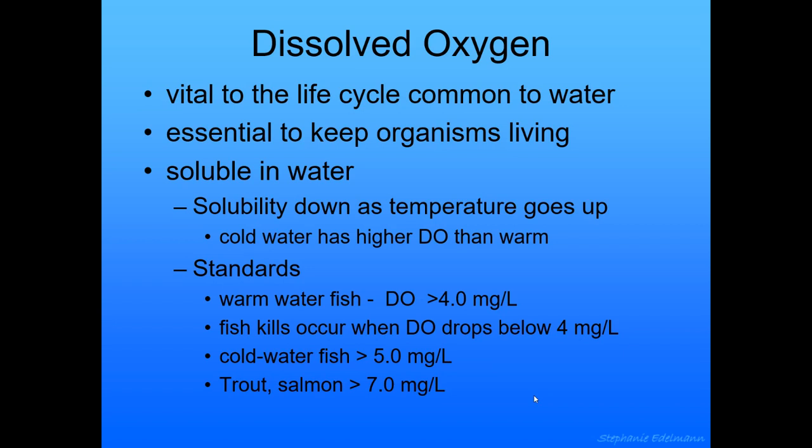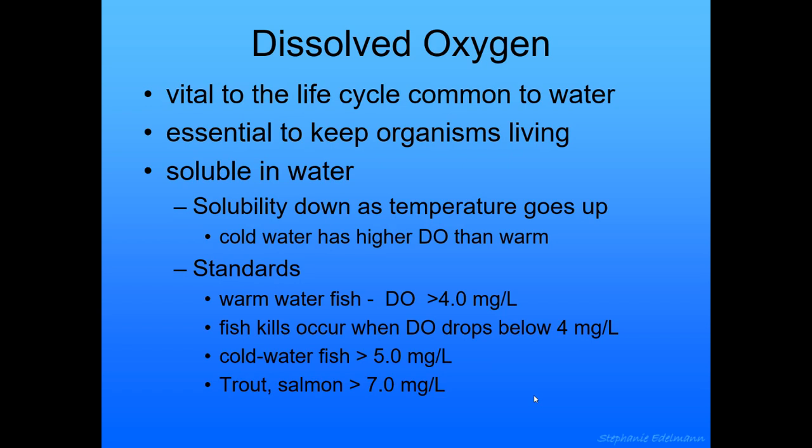Warm water fish can handle dissolved oxygen greater than 4 milligrams per liter. When the dissolved oxygen drops below 4 milligrams per liter, you end up having fish die off. Cold water fish need dissolved oxygen of greater than 5 milligrams per liter.